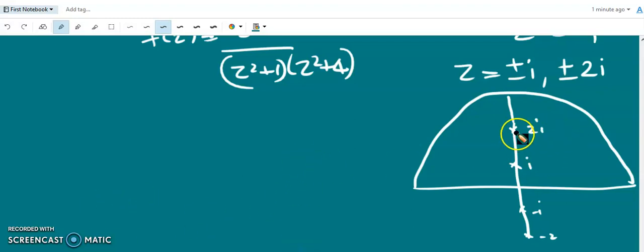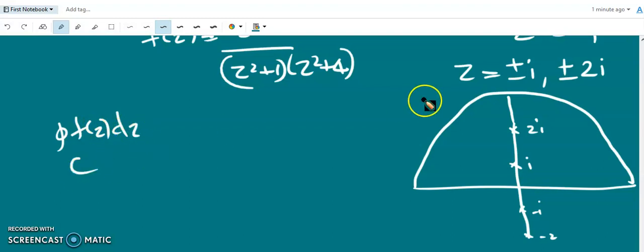We have to find the residues at these 2 singularities, and we can say that the closed integral of f of z dz over the semicircular contour is 2 pi i into the sum of the residues at z equal to i and z equal to 2i.